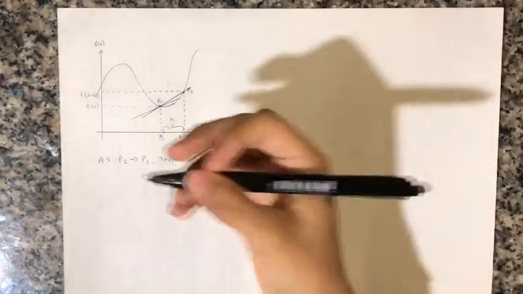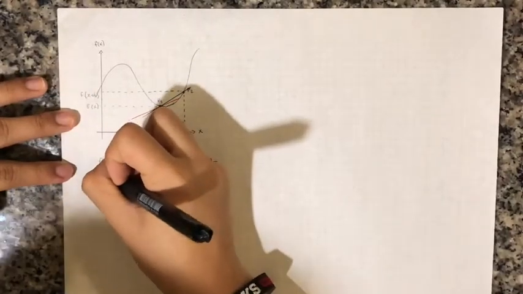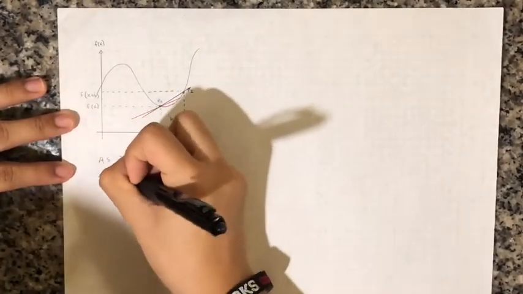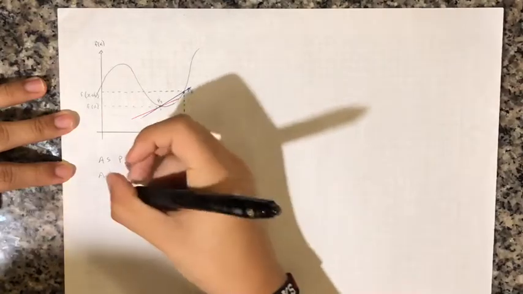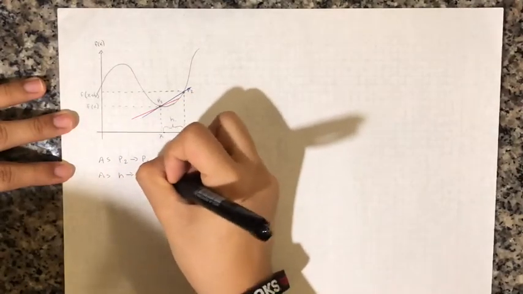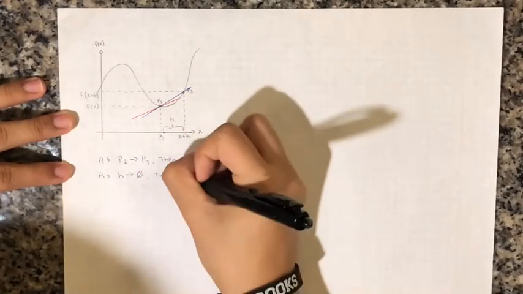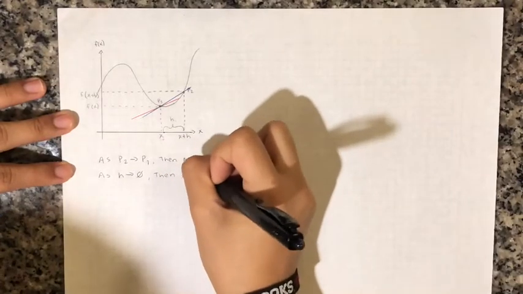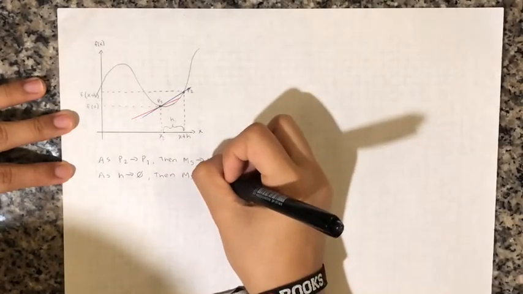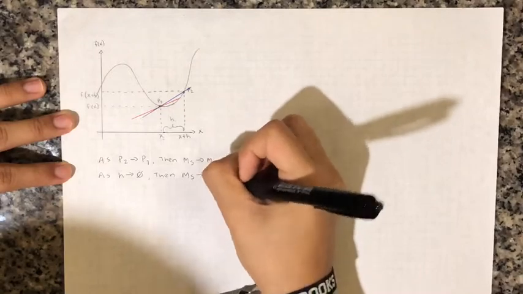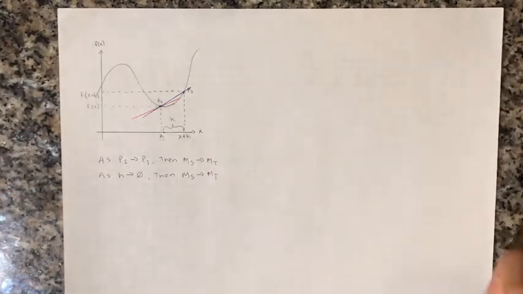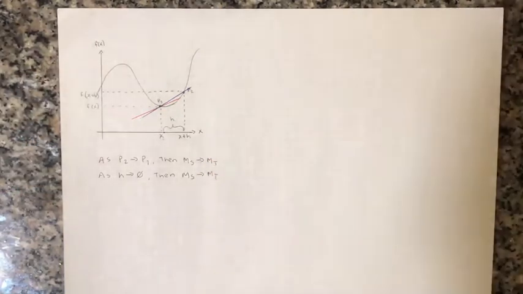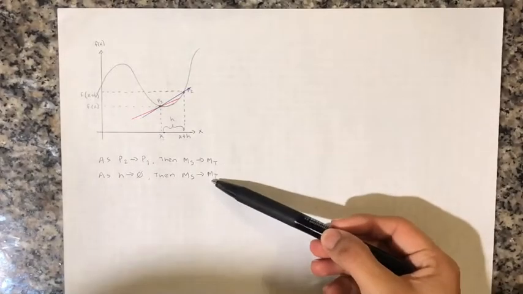With that in mind, we can say that as h approaches 0, then the slope of the secant line approaches the slope of the tangent line, which is the same result as the previous statement. And these two are equivalent.